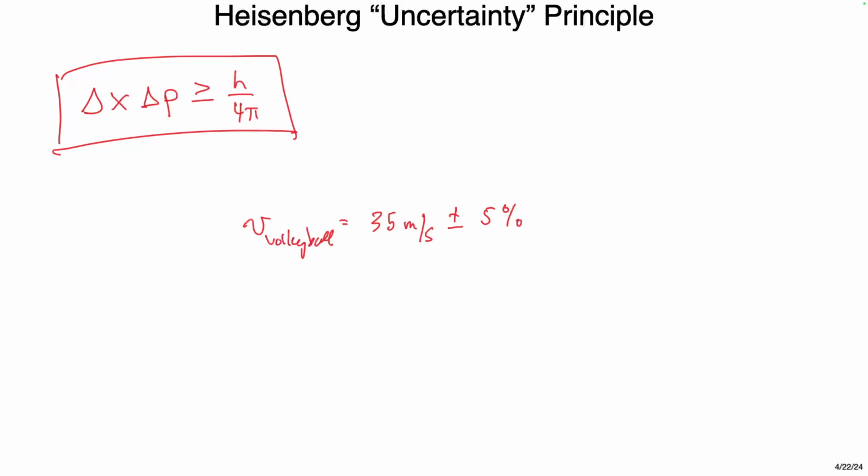In other words, the device measures the volleyball at 35 meters per second, but it could be off by 5% in either direction, right? So whatever 5% of 35 is: 0.05 times 35 is 1.75, right?